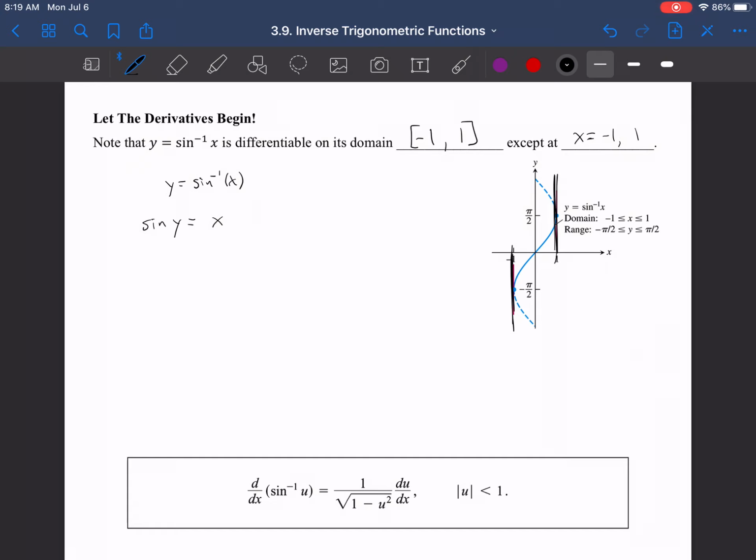And by doing that, we can even go and then take the derivative of it, right? Implicit differentiation. Derivative of sine is cosine. And then that's the outer derivative. Then the inner derivative is derivative of y. And then it has to equal on this right-hand side, it's essentially just dx over dx, right?